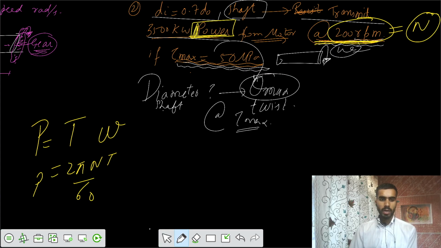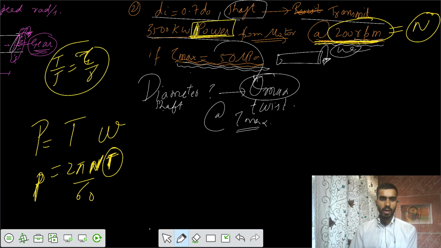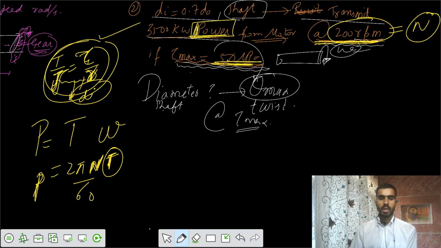So from this power, if you substitute here, and n you also know, you can get the value of T. And if you know the value of T and you use the torsion formula, tau by r, you can get the value of r, or you can get the value of J. From that we have some value of diameter, which we need to get. Tau we know, r we can also know, and J we can also know once we have this equation. So let's get the value of T first.